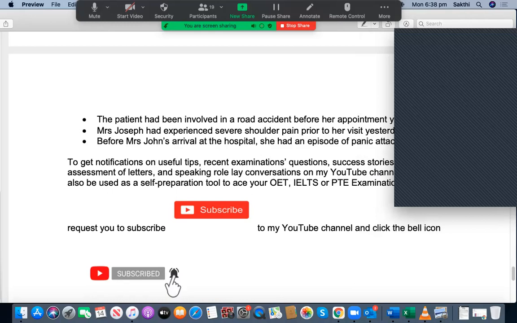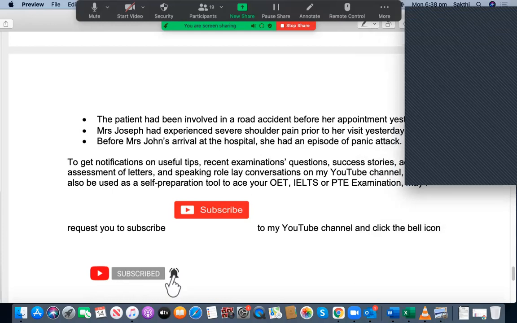Sir, regarding connect keys, which all are the connect keys we can use? Okay, that's a good question. Firstly, secondly, thirdly should not be used as far as the writing subtest is concerned, but they are acceptable for the speaking subtest. You should not use moreover, so, besides.